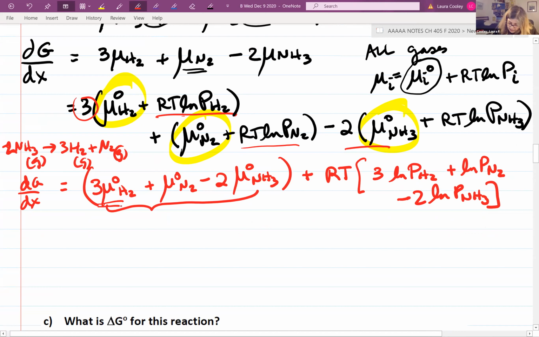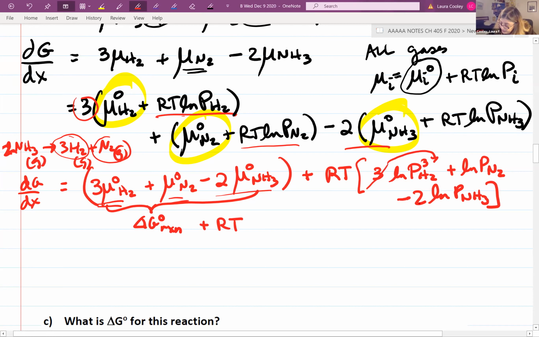So taking 3 times the standard molar Gibbs free energy of hydrogen and 1 times the standard molar Gibbs free energy of N2 minus 2 times the standard molar Gibbs free energy of NH3, that's just the delta G0 of the reaction. And this is going to be RT, and this 3, now I'm going to put it over here.